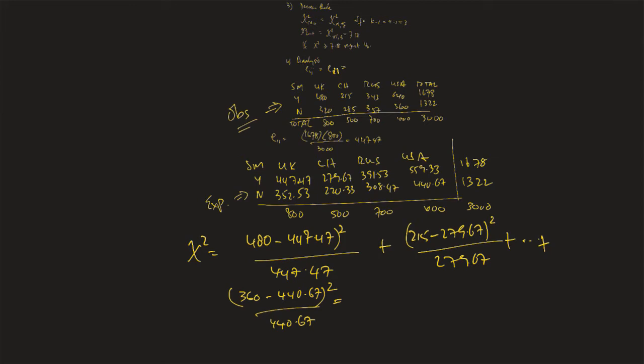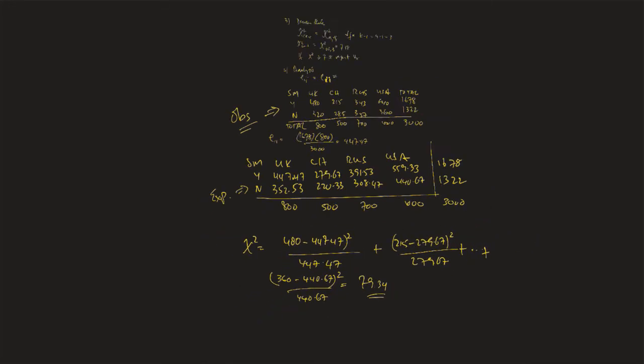So if we do that, we should get a value of 79.34, which is quite strong. 79.34 when we do all 8 of those and we add them up. So comparing to 7.81, we know that we're going to reject the null hypothesis. So that's our calculation.